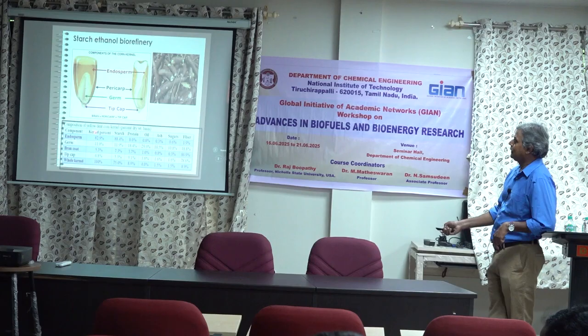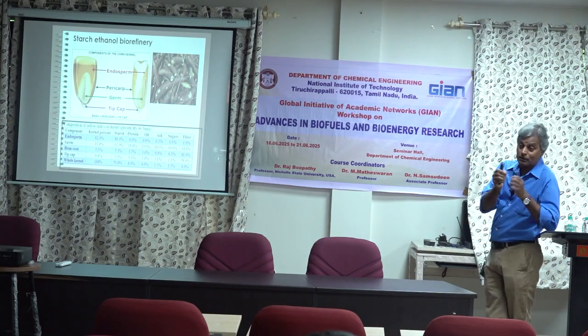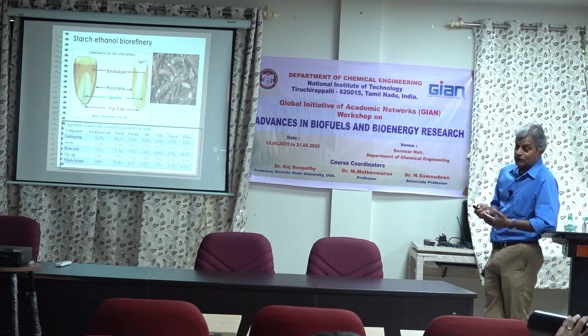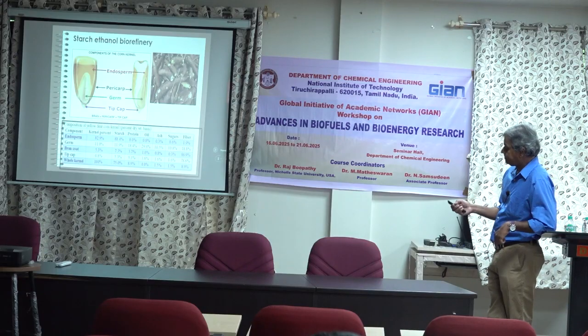You can see what the corn kernel contains: starch, protein, oil, ash, sugar. In the endosperm and tip of the corn, you can see this mass balance of how much starch is there. There's a lot of starch in every part of the corn, so you can use the whole corn for your ethanol production. It is really a good feedstock for making ethanol.